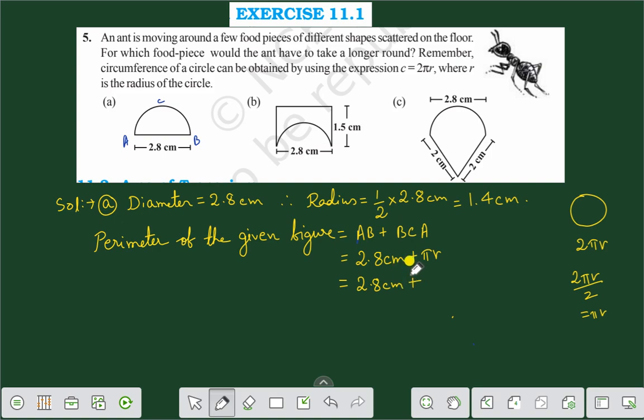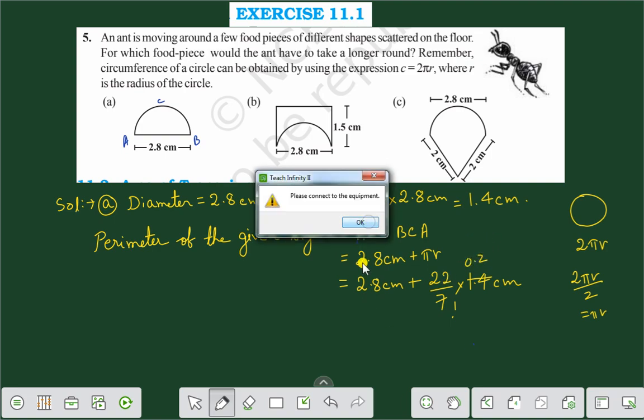The value of π is 22 by 7. The radius you are getting here is 1.4 centimeter. Therefore, 7 twos are 14, that is 0.2.